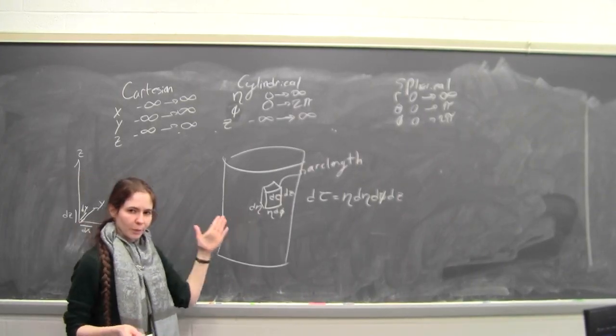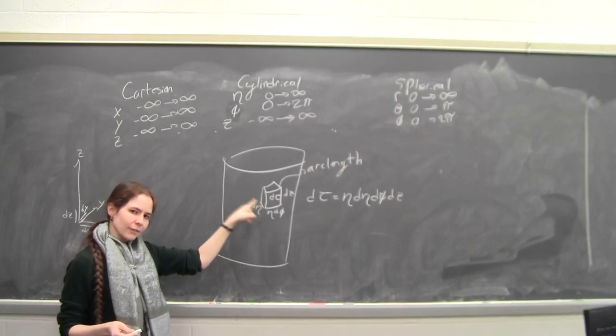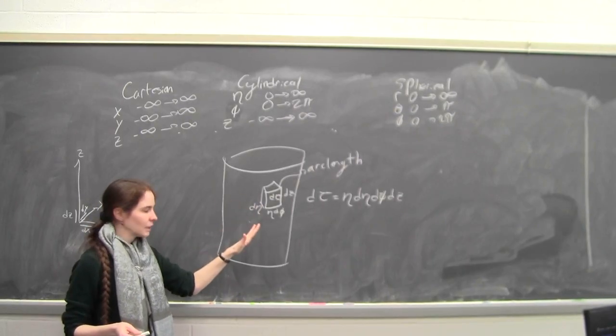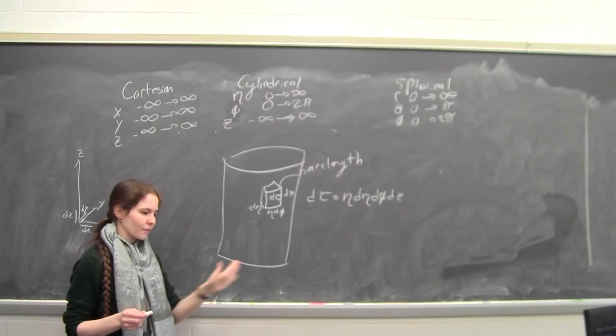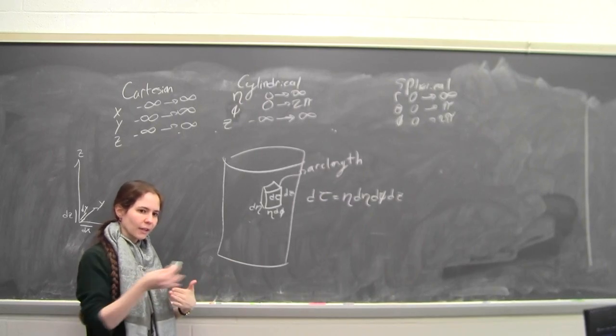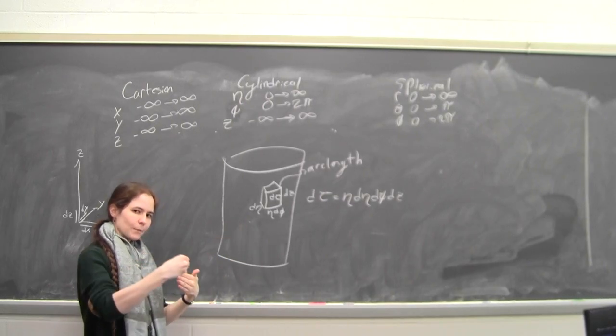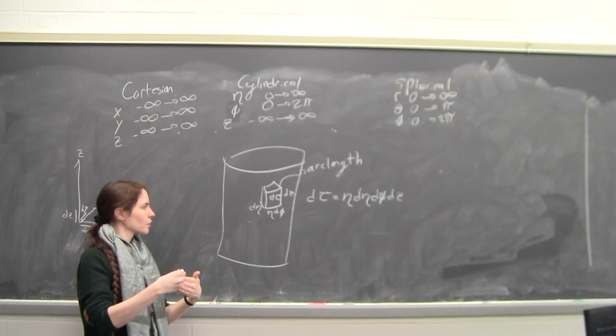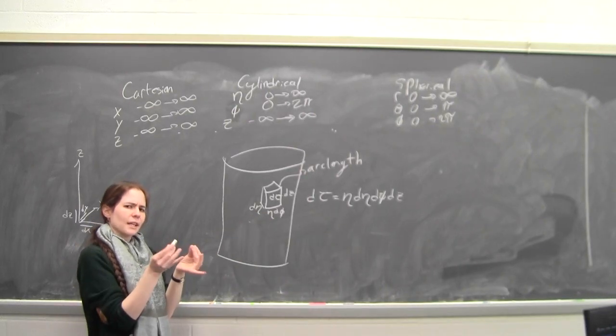Now, one concern you might have is that this is definitely not a perfect cube, because we know that we have these curving elements, these arc lengths, and also as we get deeper into the cylinder, those arc lengths are going to get a little smaller.